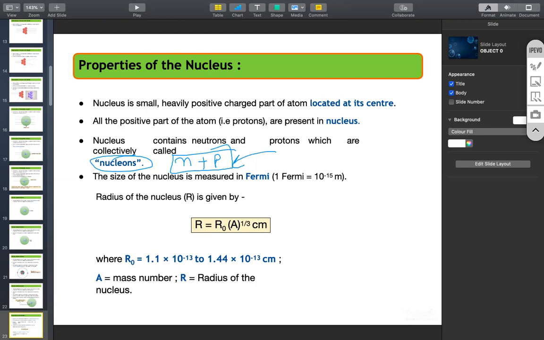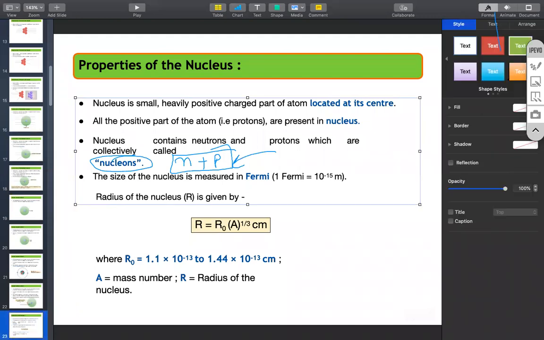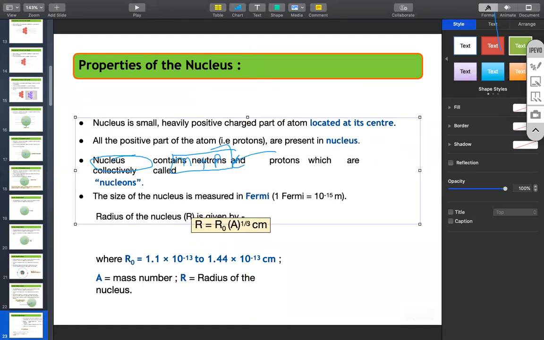Very good, Naren, Nihal. Correct answer. Even Pratik. Why is it correct? Because the mass of an electron is negligible compared to the mass of a proton and neutron. That is why the overall atom mass will be decided mostly by neutrons and protons.